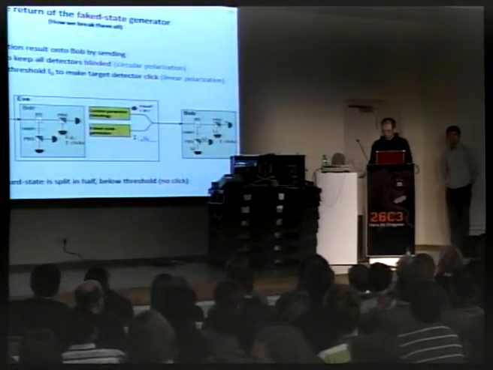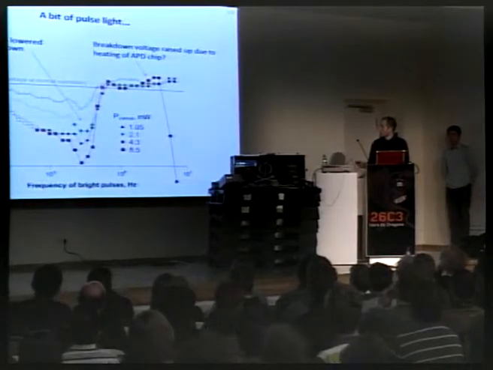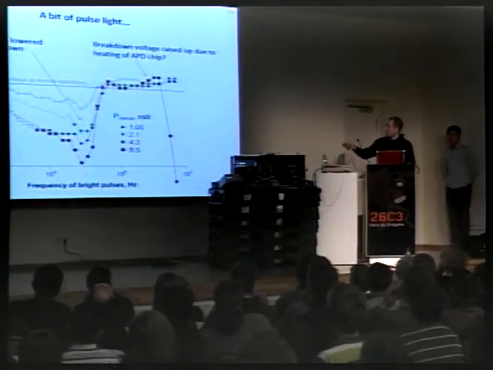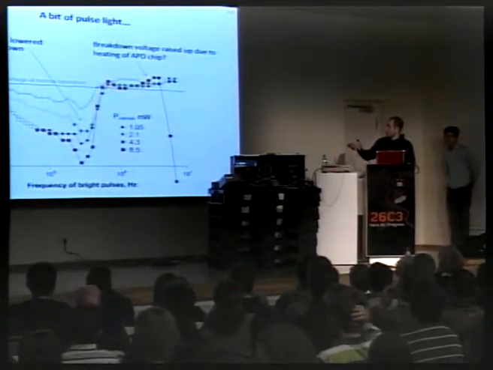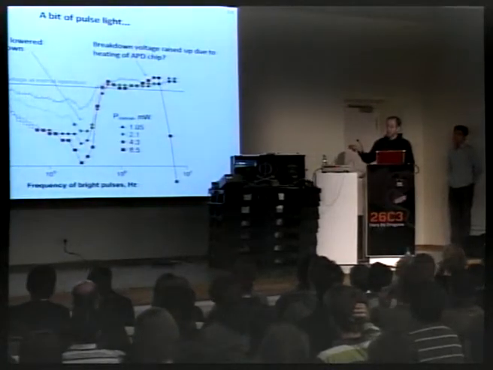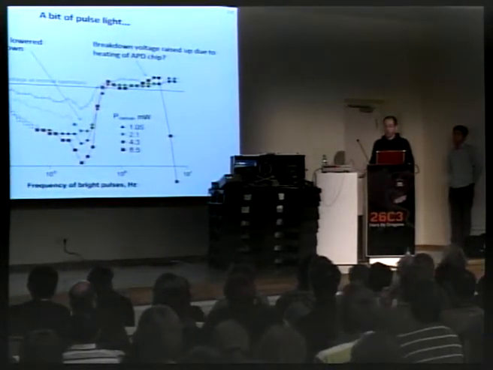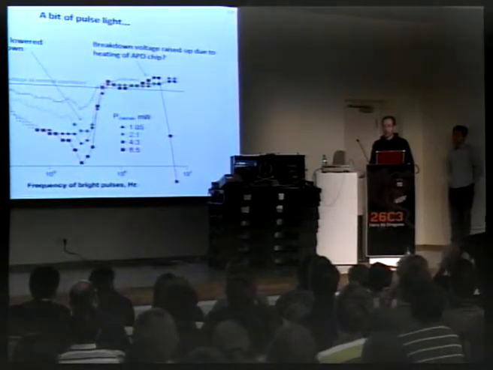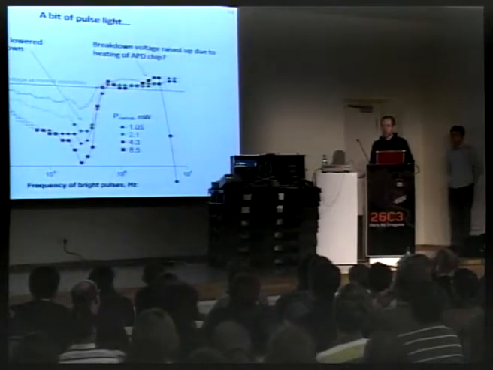The question was whether we had assessed that this transition from one region to the other was actually caused by heating of the APD. And at this point, it's an assumption that we have to check. What we know is that a known cause of rising of the breakdown voltage is heating, and we thought that it could be an explanation, but that still needs to be checked.